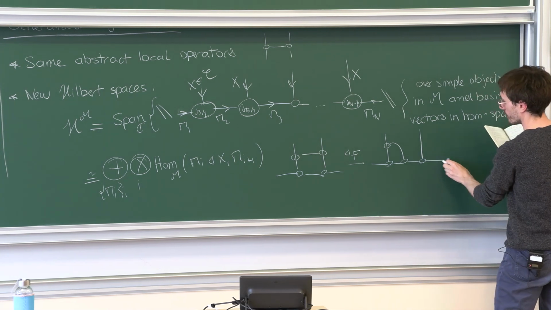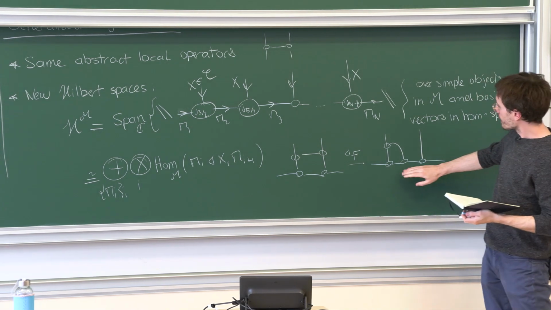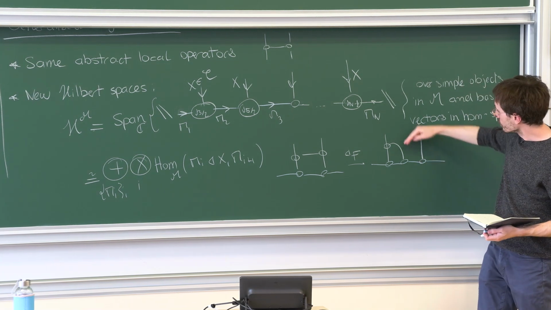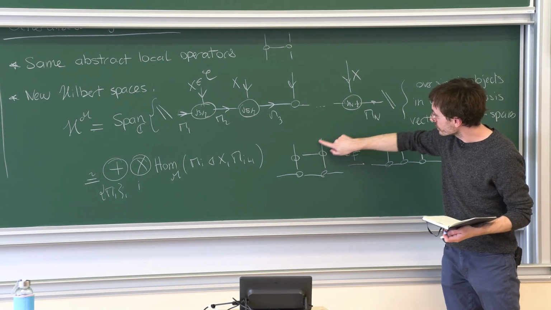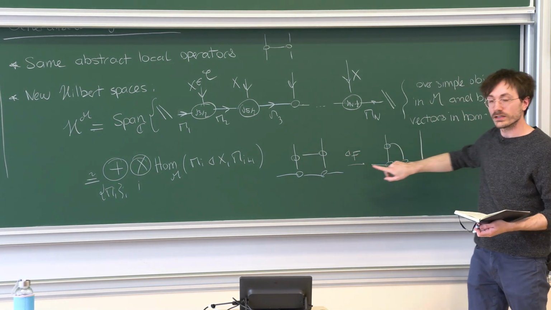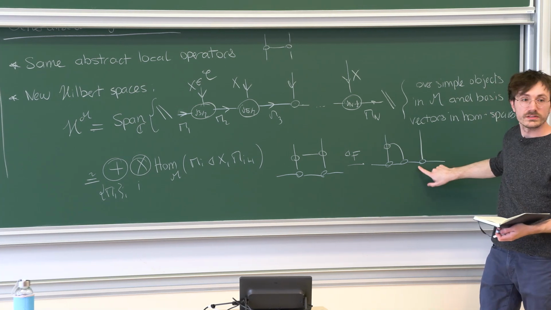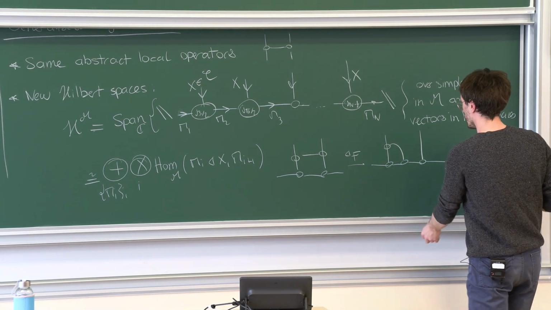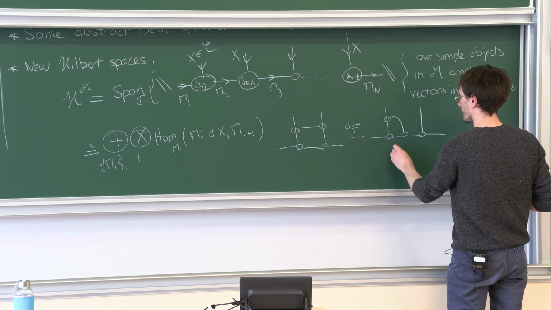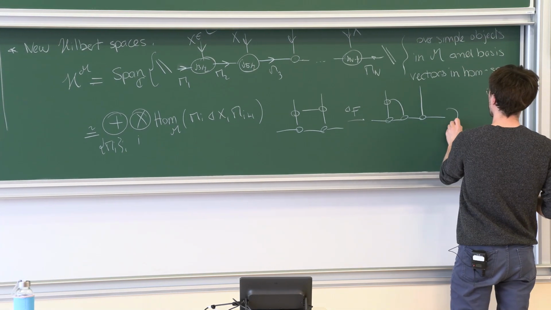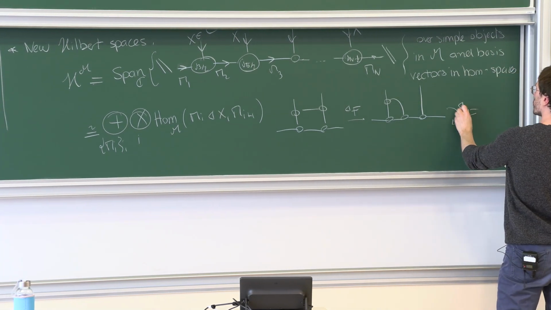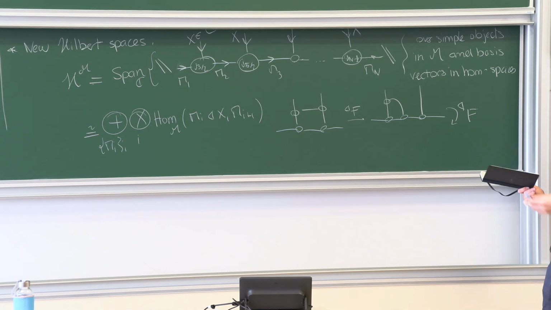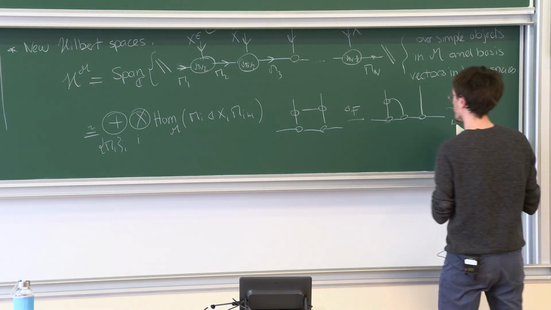Here you see that I'm indeed using this one, and the blue lines don't move. I'm just recoupling: instead of fusing these two white lines first, I'm going to act successively with them. And then we do it one more time. So we don't use the initial F anymore. We only use this new one.